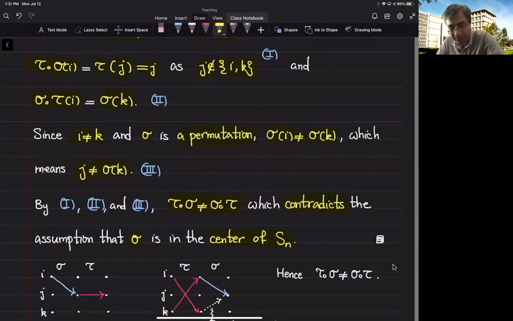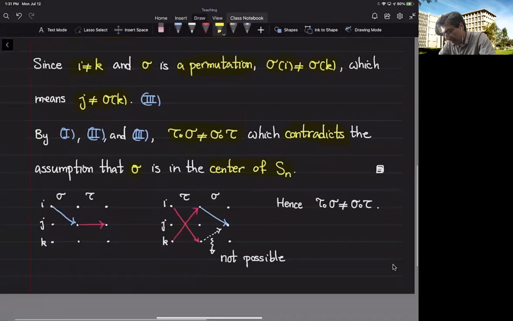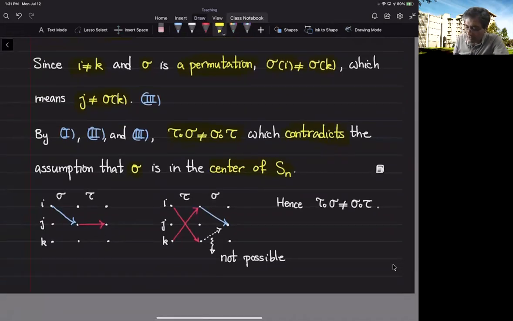That completes the proof. So again, pictorially, I'm taking these three points, i, j, and k, and following them under sigma and tau. When I follow i under sigma, I go to j, and then under tau, I am still at j.